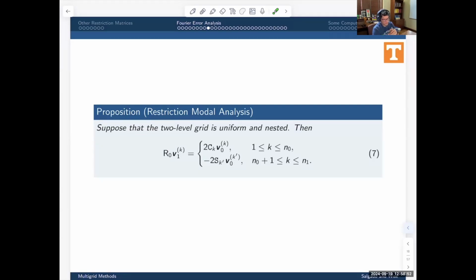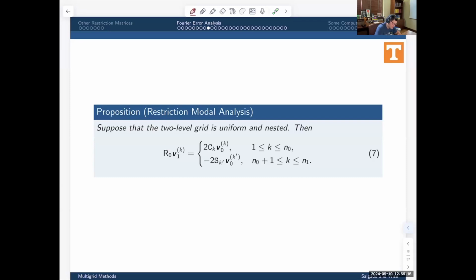How are they transferring modes from one grid to another? Last time we proved something about the restriction matrix, which remember takes fine grid functions and maps them to coarse grid functions. By the way, I'm not going to make any kind of distinction between talking about a function and its coordinate representation. Basically, they're the same thing.